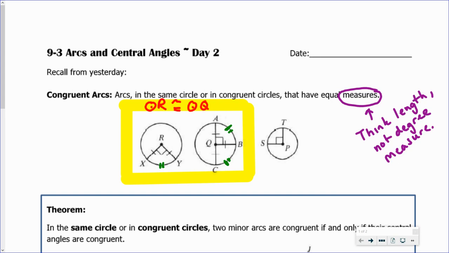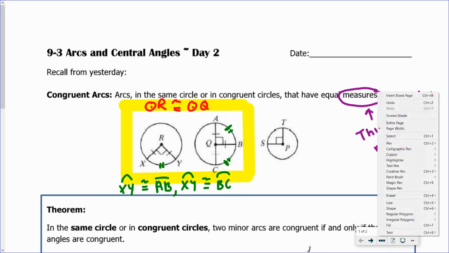So if we look at the arcs here, arc XY is congruent to arc AB. Also, arc XY is congruent to arc BC. And then also we could say that arc AB and arc BC are congruent as well.